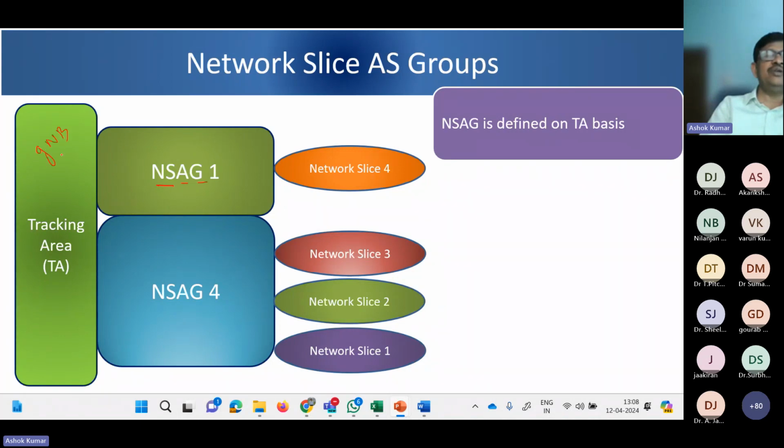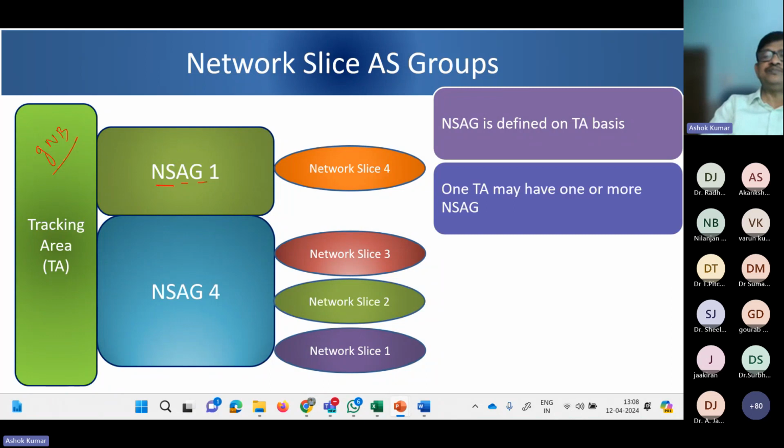It could be one gNodeB, it could be multiple gNodeBs. One tracking area may support, suppose, two groups, group 1 and group 2, right? I was talking about groups earlier also. And every group can support a certain number of network slices.